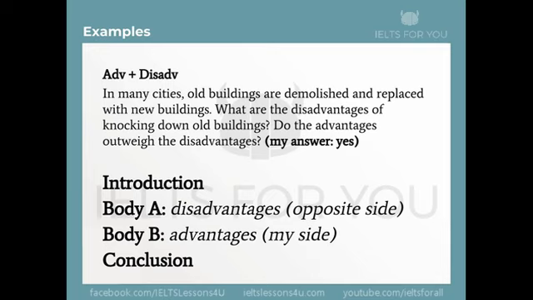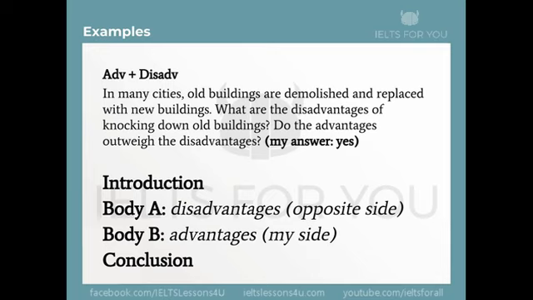So, just like in the outline A, we have an introduction, 2 body paragraphs, and a conclusion. Now in body A, we introduce the disadvantages. That's the opposite side. And we're going to introduce this kind of weakly, in a weak way. So some people might say that there are disadvantages, and then explain what those are. Explain the opposite side in a way that makes it clear this is not your opinion.